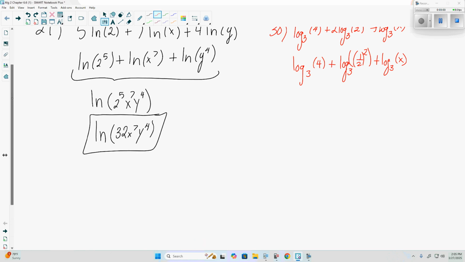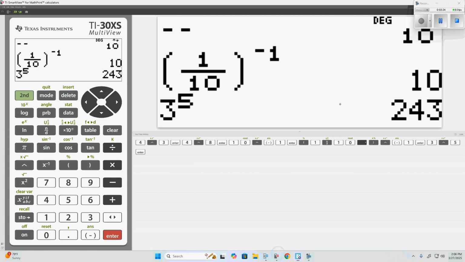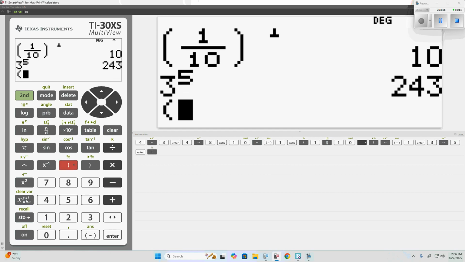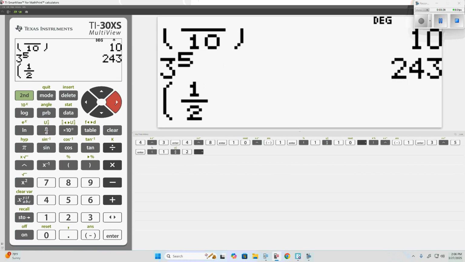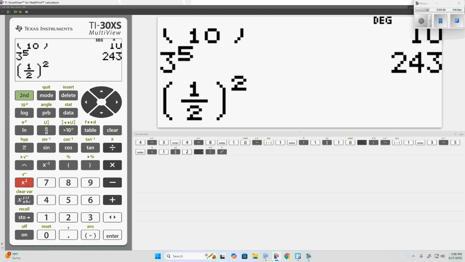At this point, we have 2 or more logs being added together, so we can rewrite it as a single log with what's inside being multiplied together. Now the 4 times 1/2 squared, we can simplify this. 1/2 squared is 1/4.